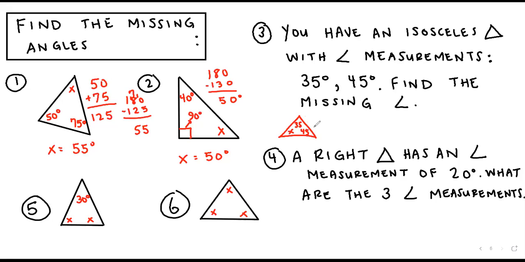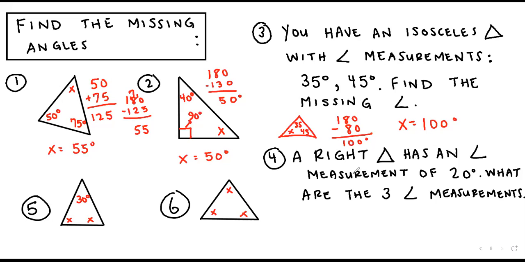So you have to find the missing measurement. 35 plus 45 will give us 80. So then all you have to do is 180 minus 80, and then that will give you 100 degrees. So your missing measurement will be 100 degrees.